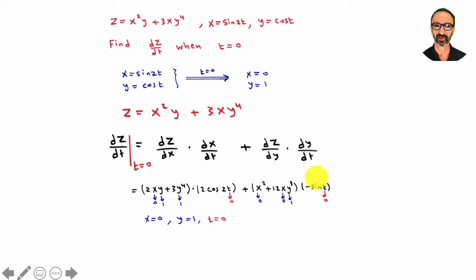The rest you could verify from here. Same style, same pattern. Now here I have enough numbers to plug in, which is 0 for x from here, 1 for y from here, and 0 for t from the original problem. Once you take care of that, I have 3 times 2 plus 0 times 0, which is 6.